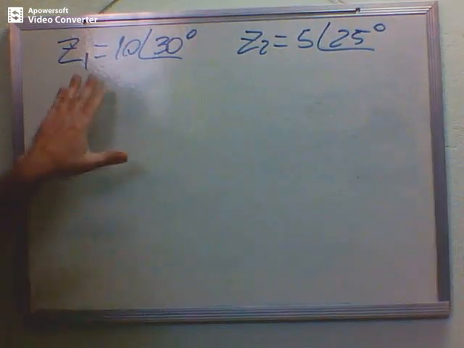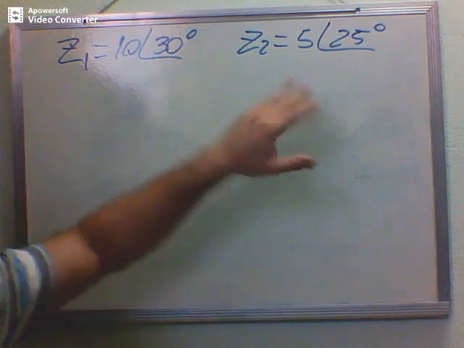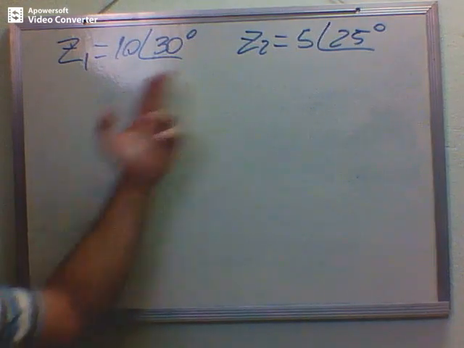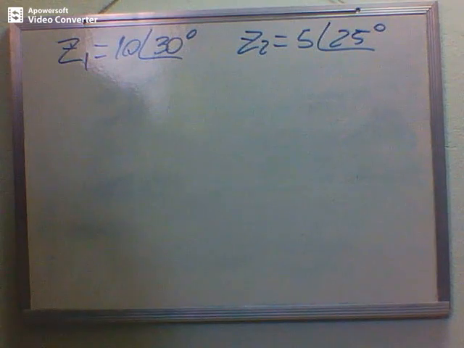Okay, these are two different complex numbers using their polar representation, and what we're going to do is to perform multiplication and division.